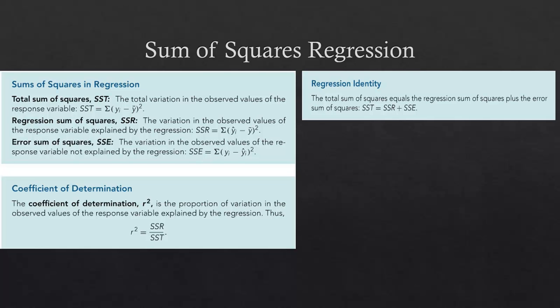Now, the coefficient of determination is the same thing as your SSR over your SST. So it's the variation in your observed values of the response variable explained by regression. All right. So if I give you SSR and SST, it's very easy for you to find r squared. Now, used to, you would have to find SSR and SST.